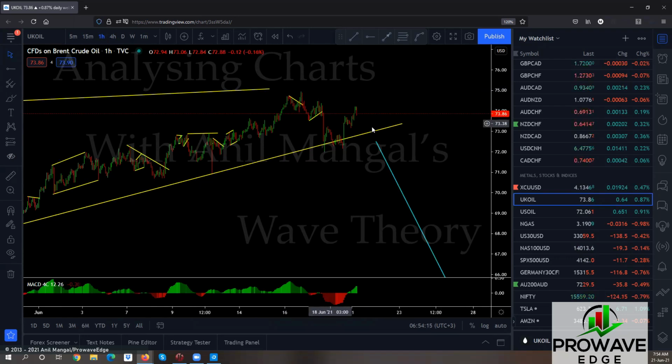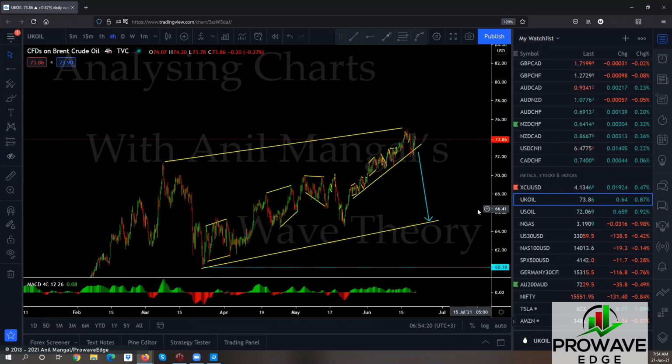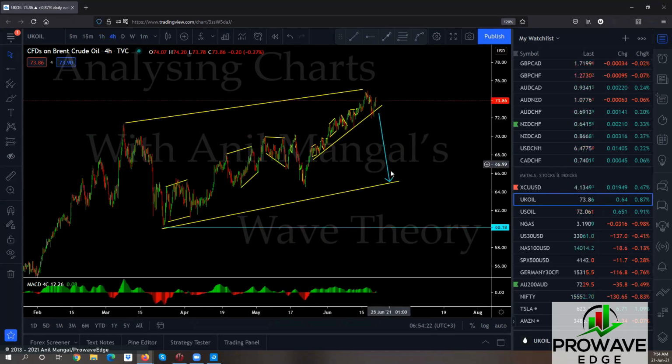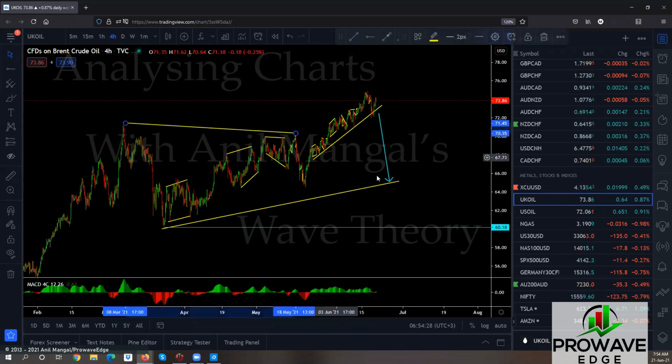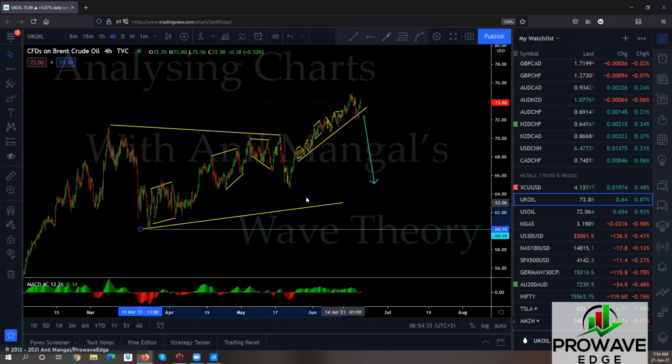It'll probably be a bigger correction near some kind of a running flat. Now, there are two possibilities on this. First possibility is we're actually making a running flat, so they're going to come back to this level and then go up. Or the second one is we're totally dropping because this here is the contracting flat.